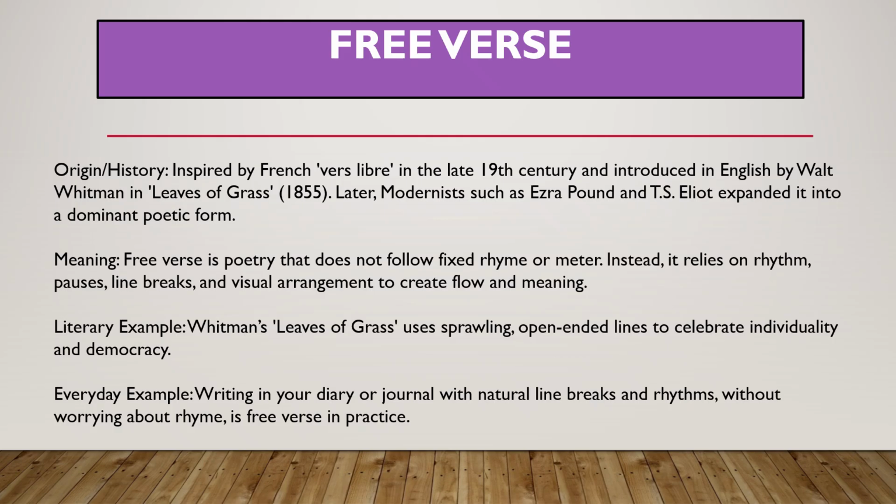Okay, that means you can write just like you write a letter, you write an application. That means there is no constraint of rhyme, rhythm, or meter. So that is what is known as free verse. And it was popularized by Ezra Pound and T.S. Eliot. I hope you understood, it is a poetry that does not follow any fixed rhyme or meter.